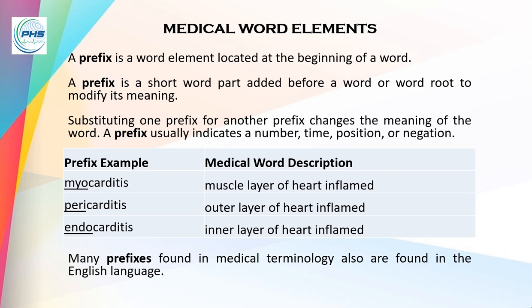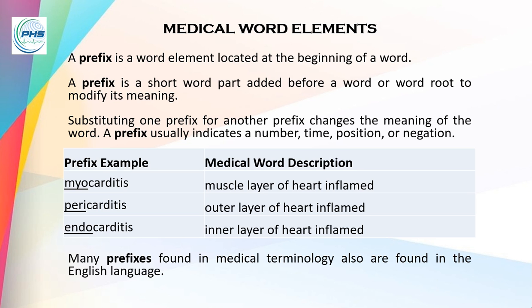To note here, the heart is made of three layers of tissues known as epicardium, myocardium, and endocardium. We will look at a prefix example for your reference. We will retain the root word and the suffix as carditis in all three examples, and only change the start of the word, the prefix, and the word meaning changes.